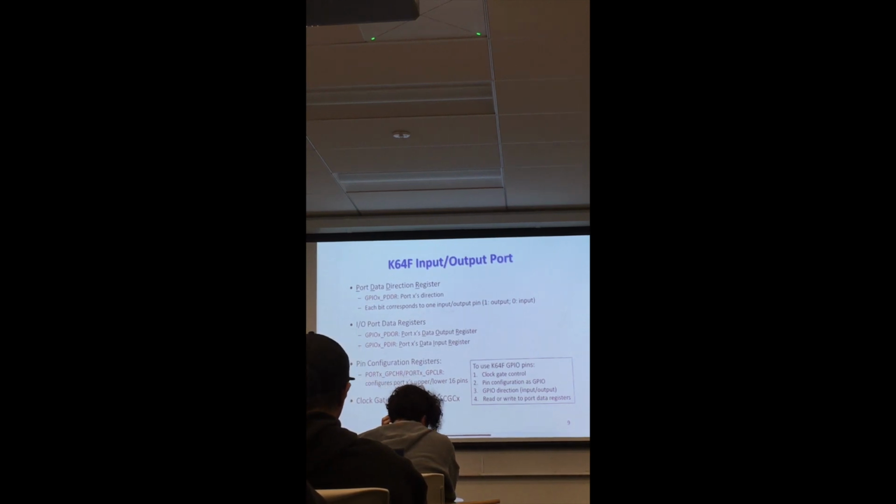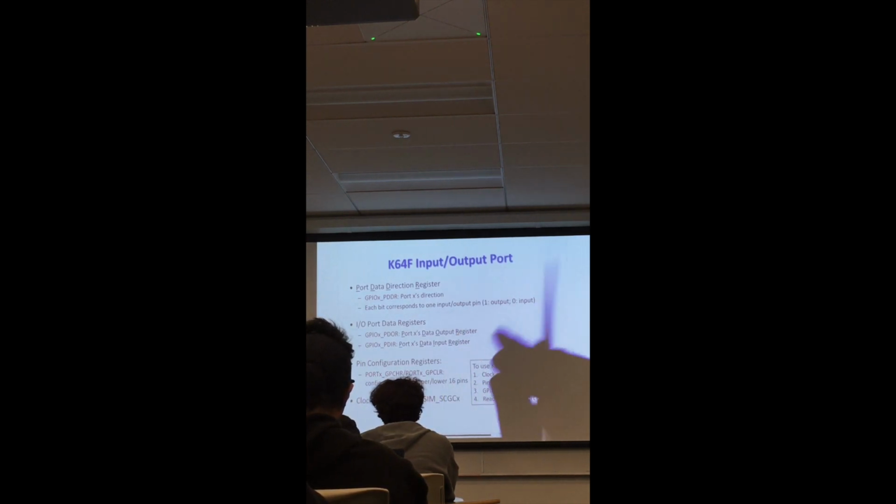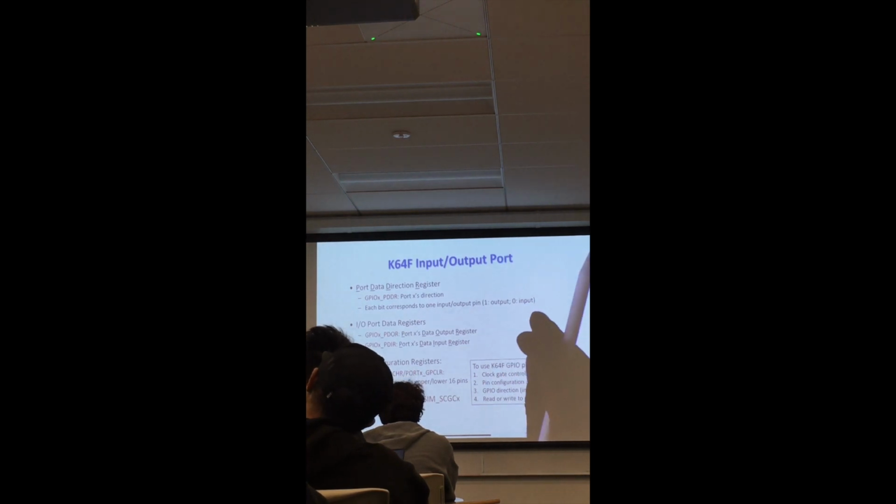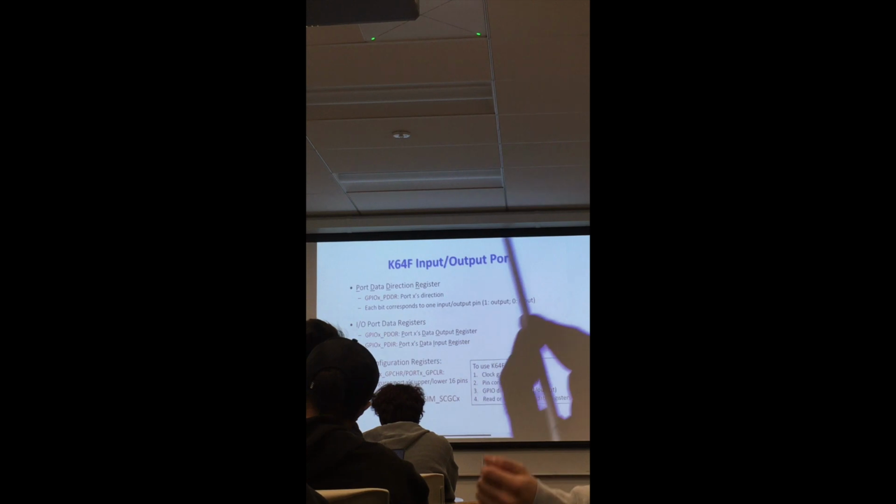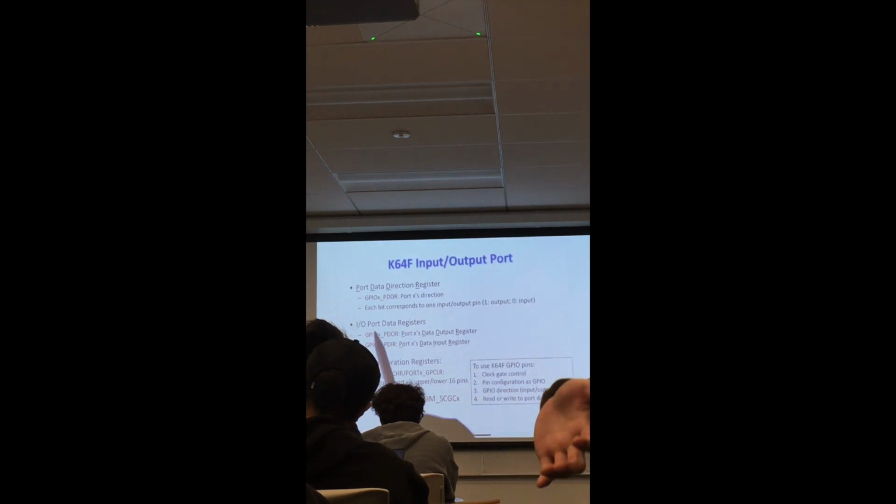We have to configure the pins for GPIO. We have to set up the direction and read or write data to the register. So if we want to output data, those are the registers that we use. If we want to input data, we use input data registers. Those are different.